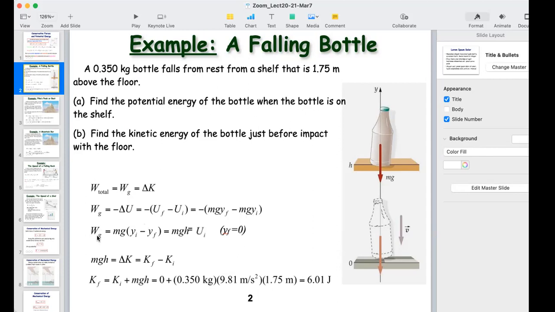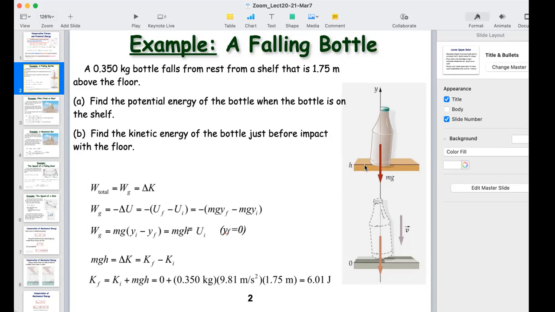And so the gravitational work is equal to mg, taking it outside, times y initial minus y final, because I just bring the minus inside. And so at the end, this quantity is simply h.